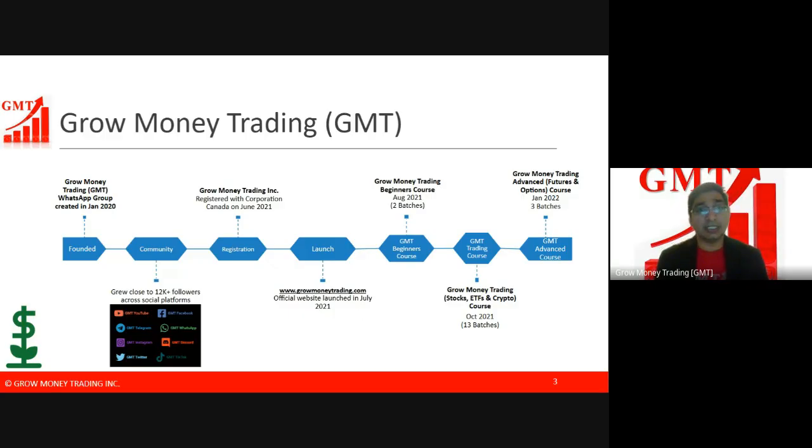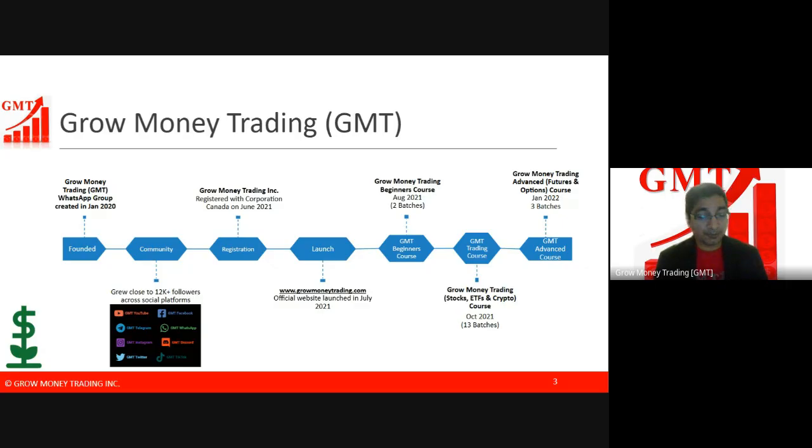Just to give a quick glimpse of Grow Money Trading as a group. We started back in January 2020 through a small WhatsApp group, which within a few months grew into more than 5 WhatsApp groups because WhatsApp had limitations.